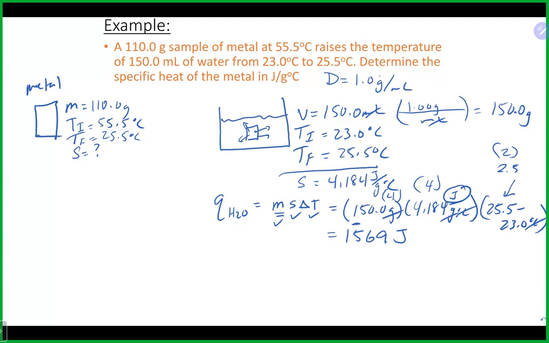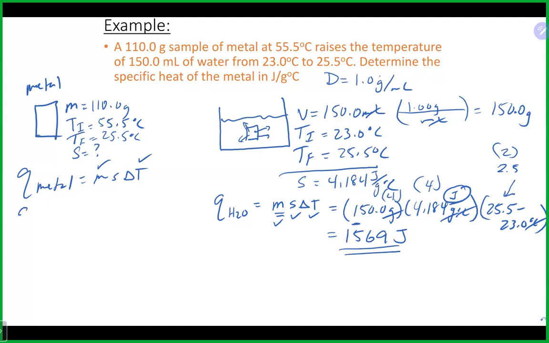Any questions so far? So if we think about the same equation for the metal, we do have delta T. We do have the mass. And once again, we can use our water value here to figure out the Q of the metal.